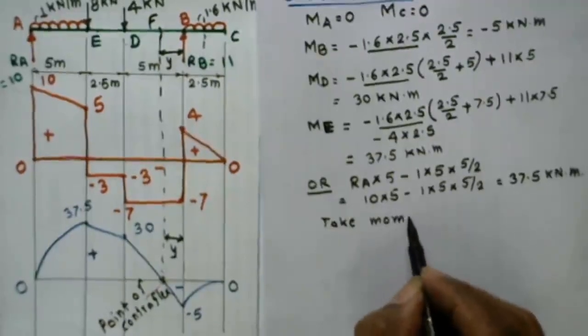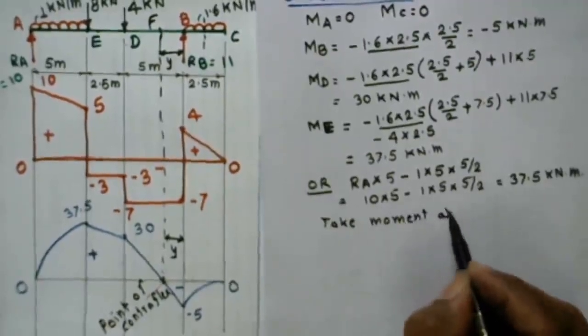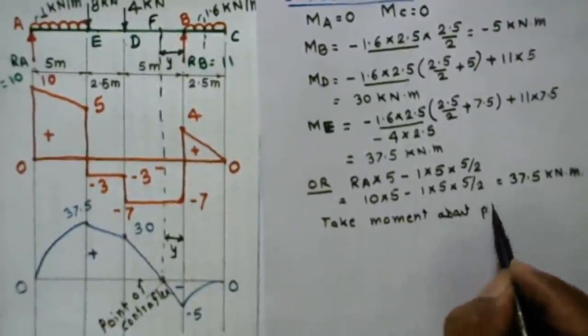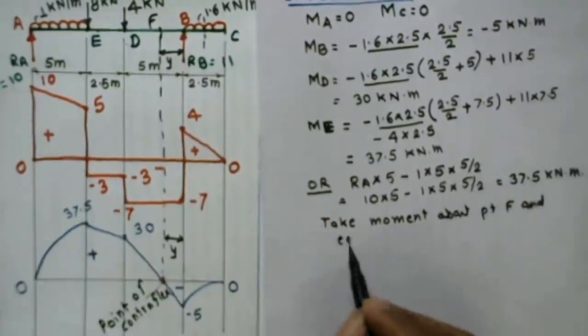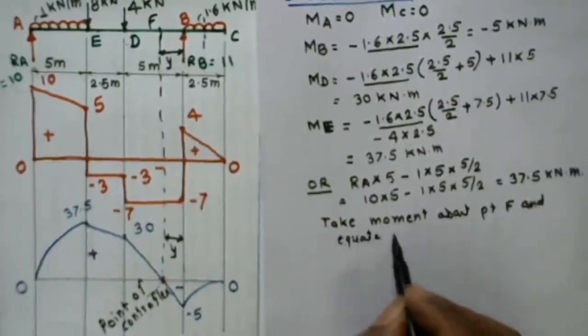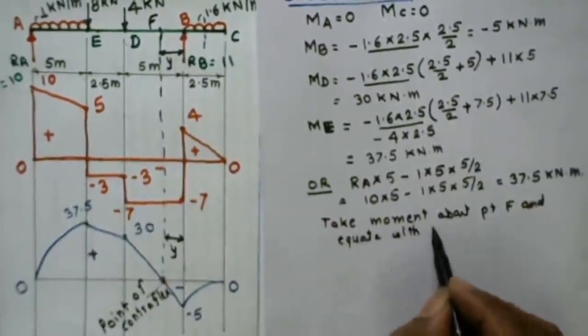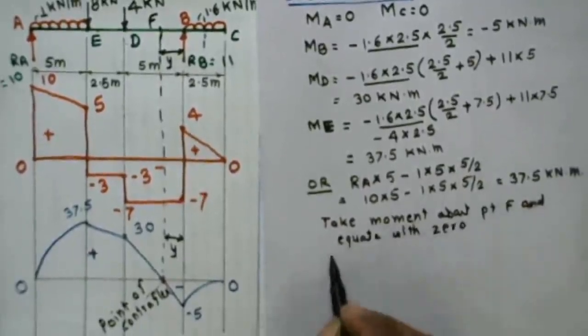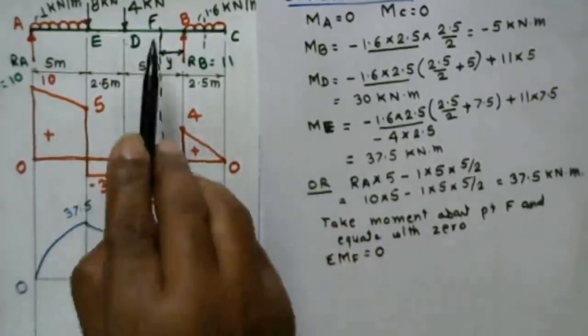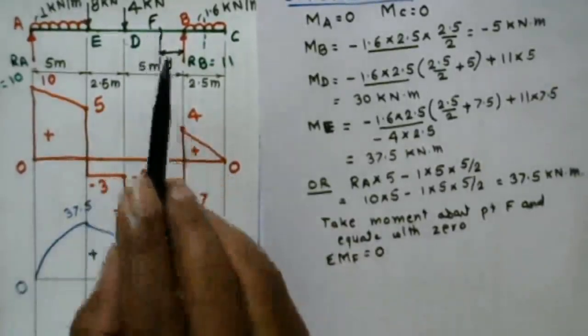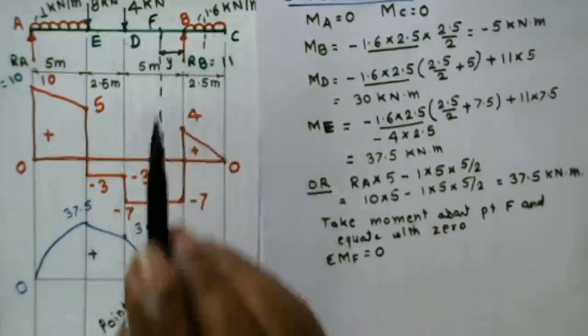So the summation of moment at F is equal to 0. Now we are going to consider the span FC.